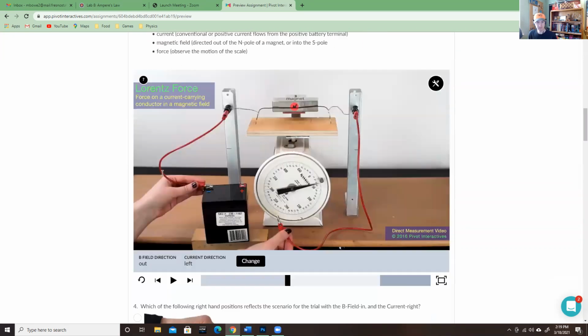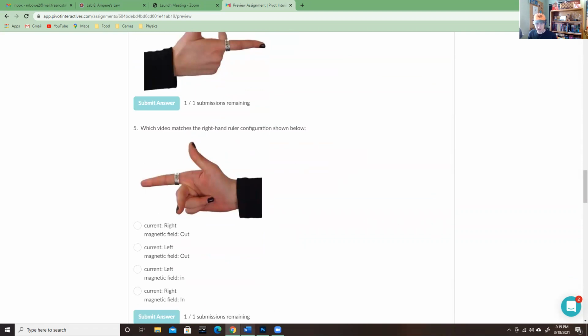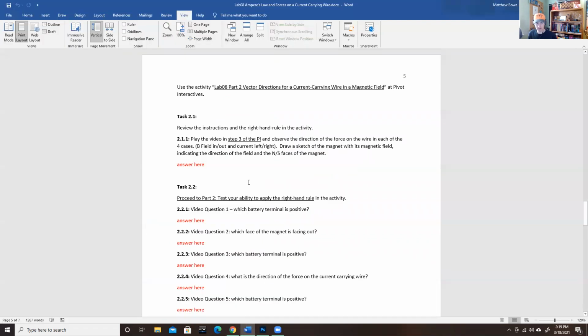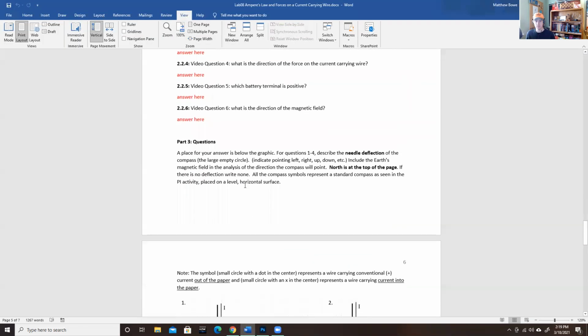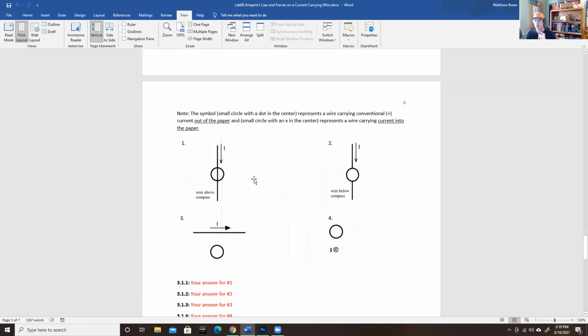Okay, there's that. And then at the very end, part 3, that's just a final bit of drawings. Same type of situation where there's a plastic compass sitting on a table, and we're looking down at the table. In this case, there's a current carrying wire.